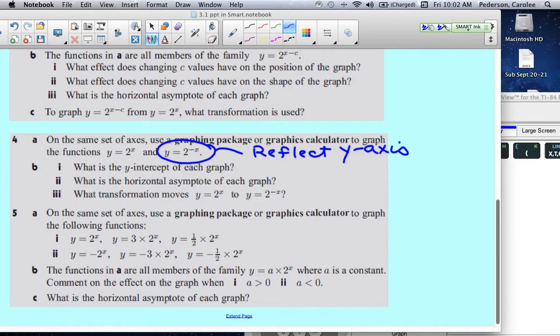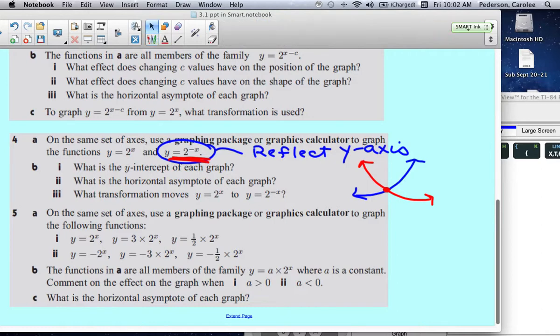Normally my function would look like this. That's my parent function. It's going to reflect it. So I have the same asymptote, I have the same critical point, but now this would be right here. Can't graph that one? Be careful, it has to be a negative.